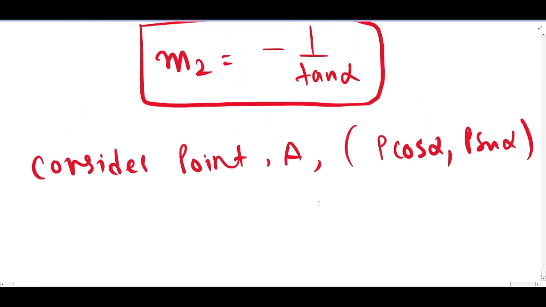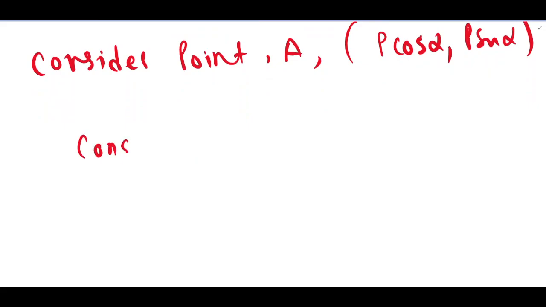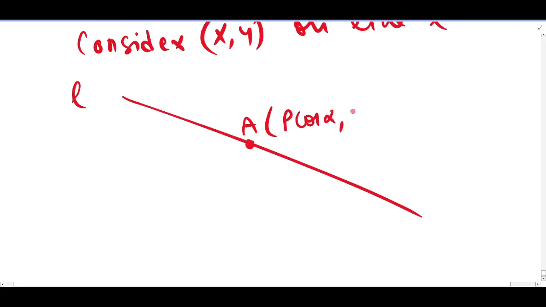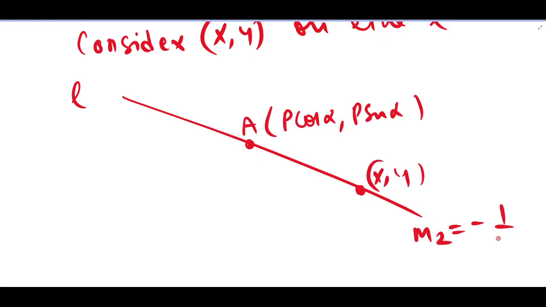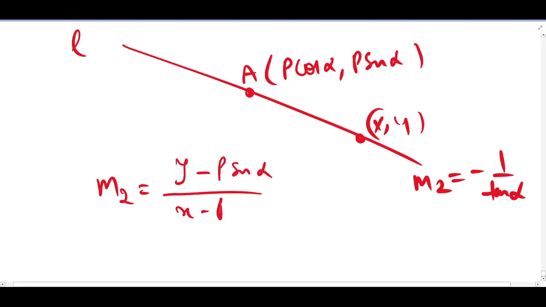So now we have a point and the slope of line L. Consider any point (x, y) on line L. This is point A, with coordinates P cos alpha and P sin alpha, and the slope is m2 equal to -1 by tan alpha, so by the point-slope form we can find the equation of the line. The slope m2 is given by (y minus P sin alpha) divided by (x minus P cos alpha), which is equal to -1 by tan alpha.